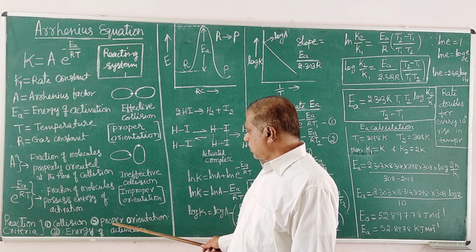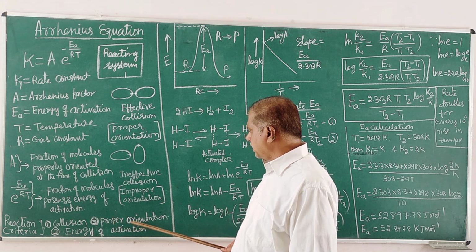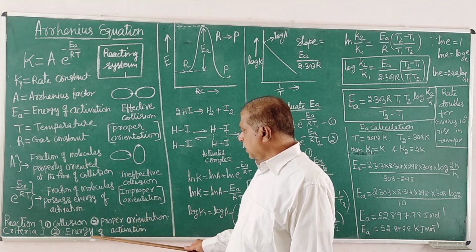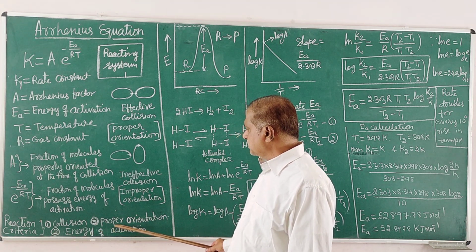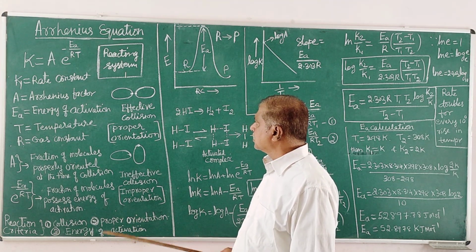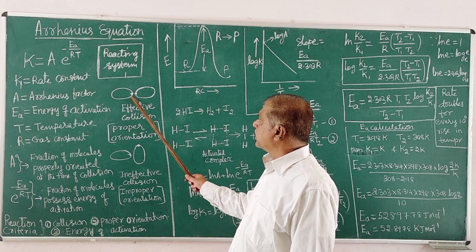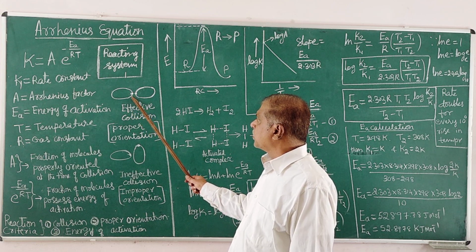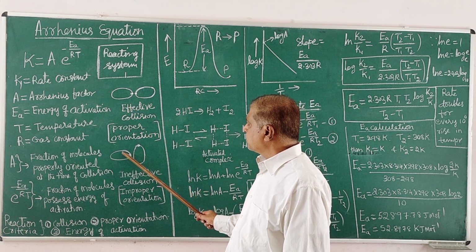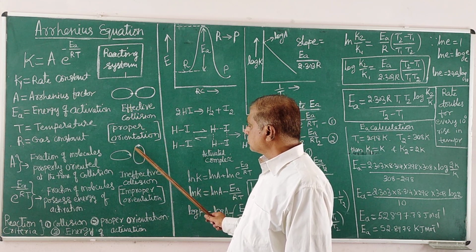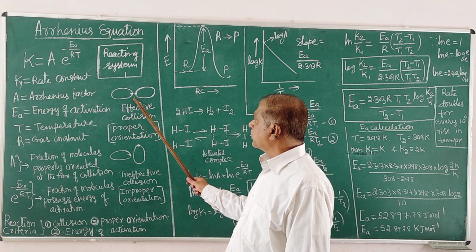The molecules should also have proper orientation and energy of activation. What is meant by proper orientation? A proper orientation of molecules at the time of collision is called an effective collision. Otherwise it is improper orientation.